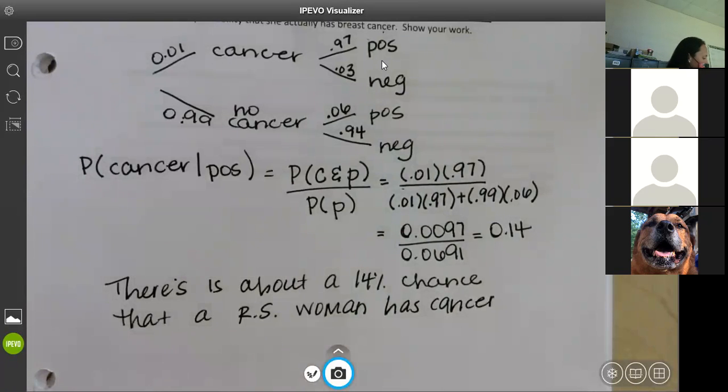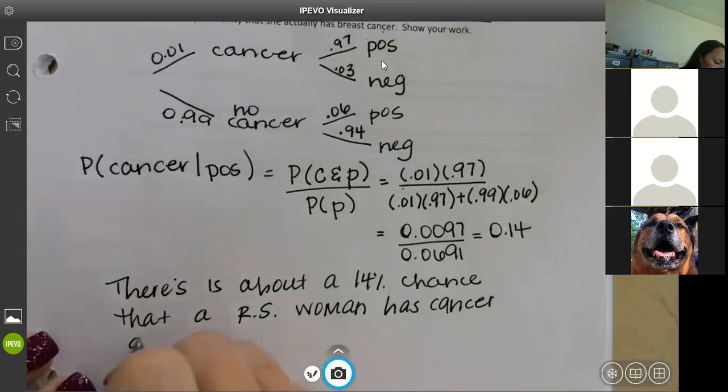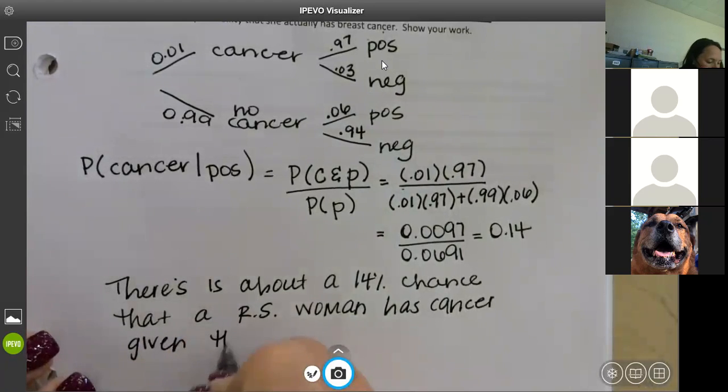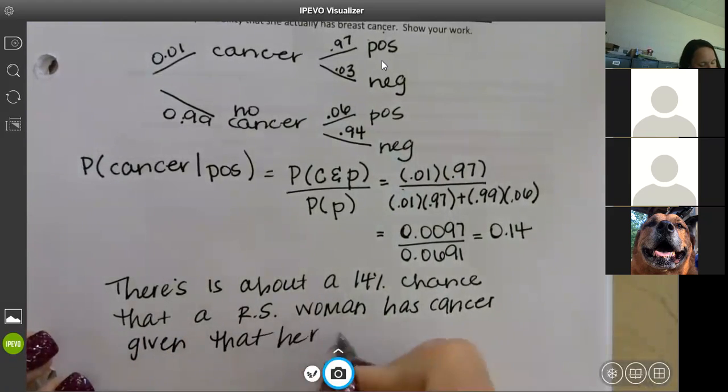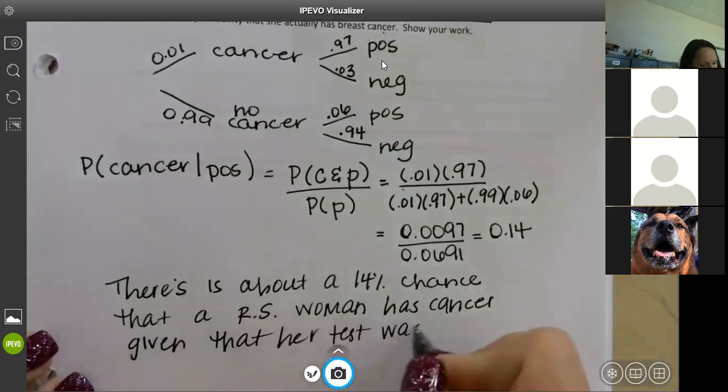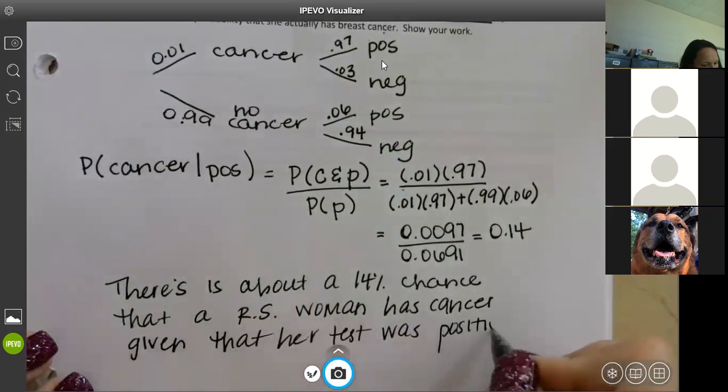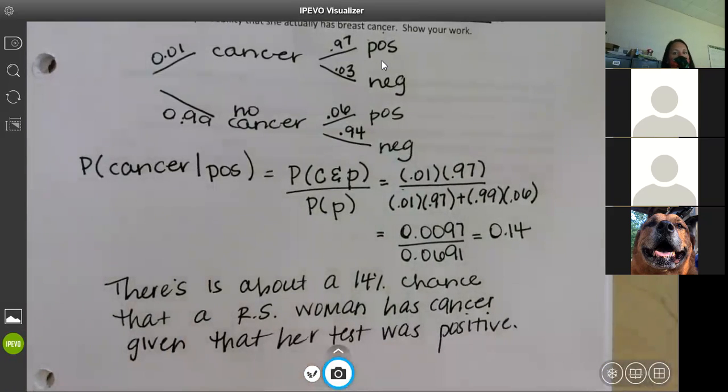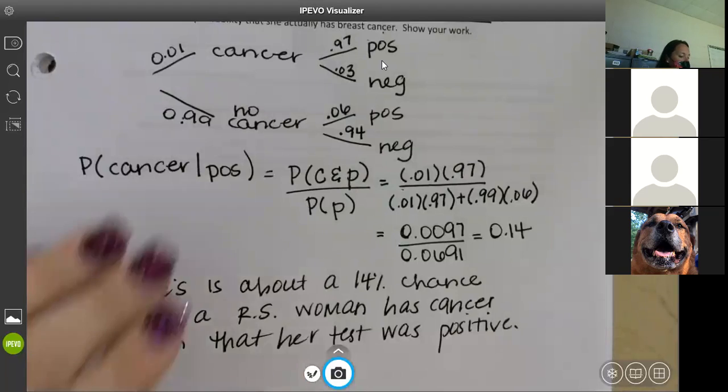There's a 14% chance given that her test was positive. Any way that you say this is fine. There's no super specific way that you could say it. You could say, given that a woman tests positive for breast cancer, there's a 14% chance that her test was positive. Doesn't matter, okay? Whatever you can say to get it across.